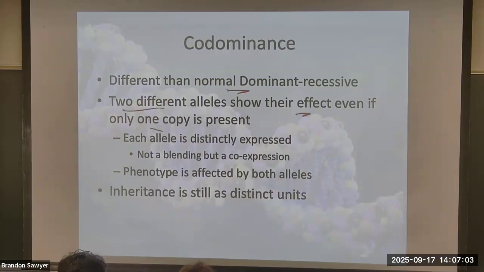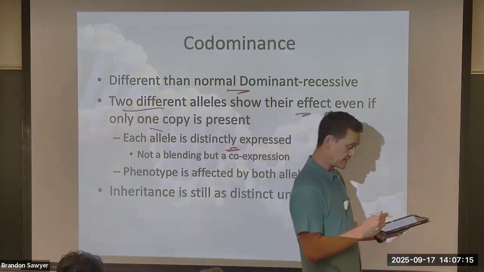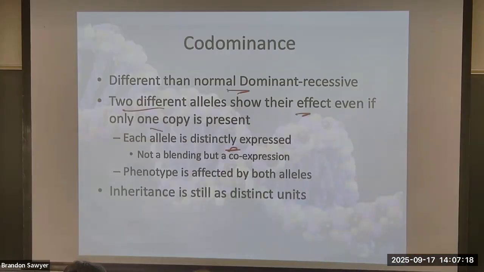It's like both of them are dominant in a way. Each allele is distinctly expressed. It's not a blending of the two, you actually see both traits. But inheritance is still passed on distinctly as units.